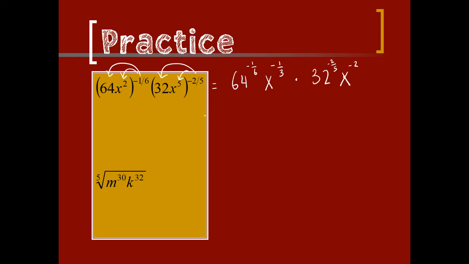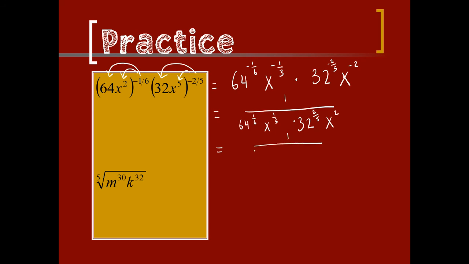Okay, everything is negative, so I might want to just say it's 1 over all of this, right? So I might want to start with that so that I don't have to deal with a negative. Okay, so let's see.